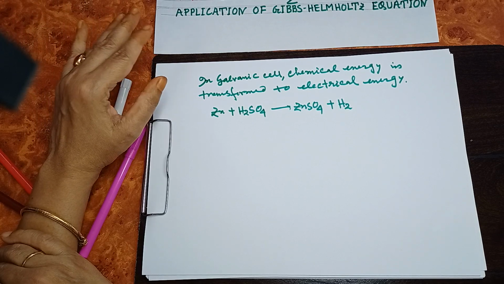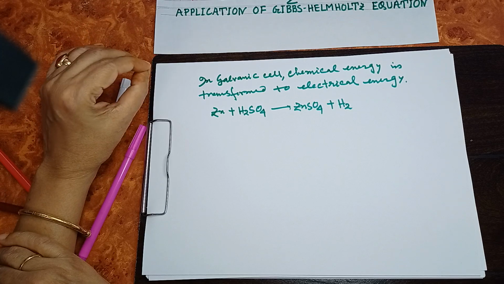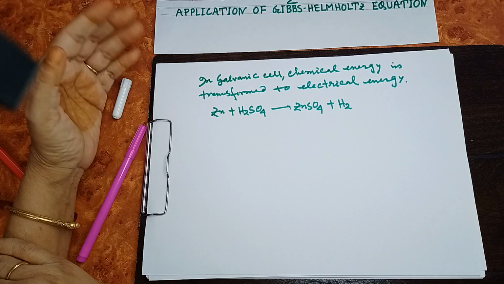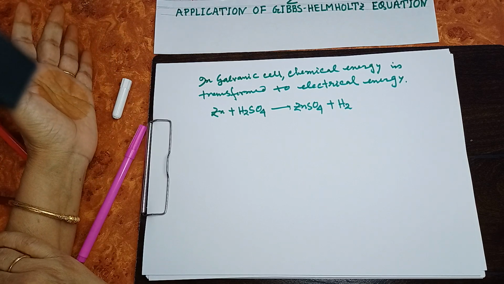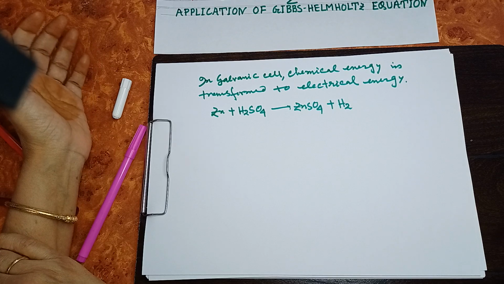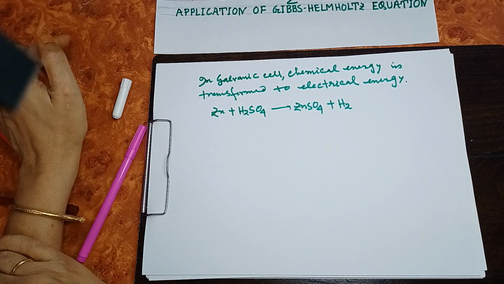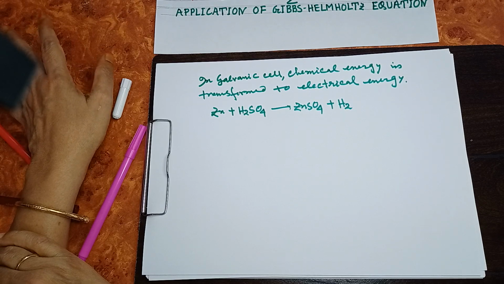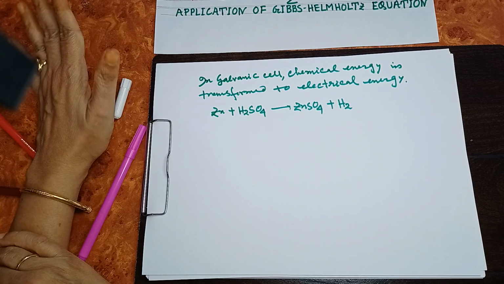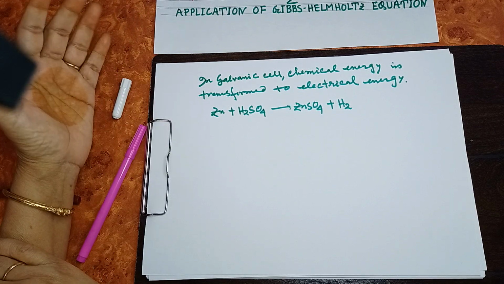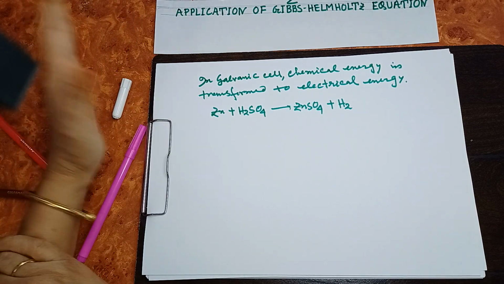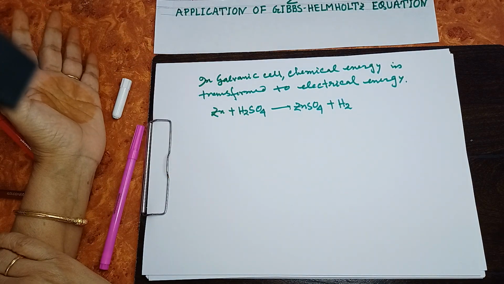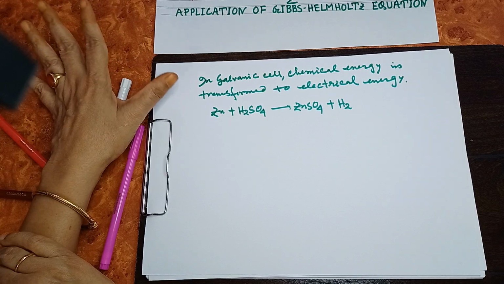Earlier it was believed that the heat evolved during this reaction is equivalent to the electrical energy produced when this reaction is allowed to take place in the galvanic cell.